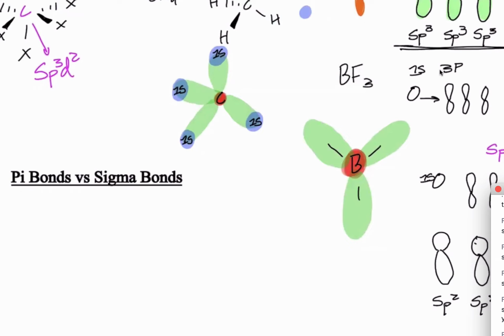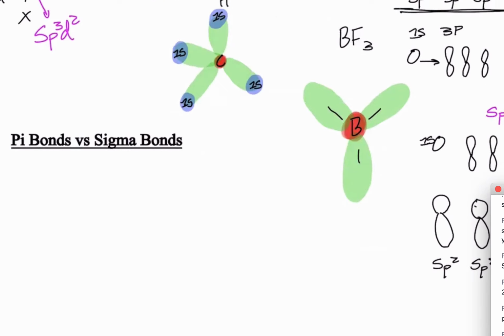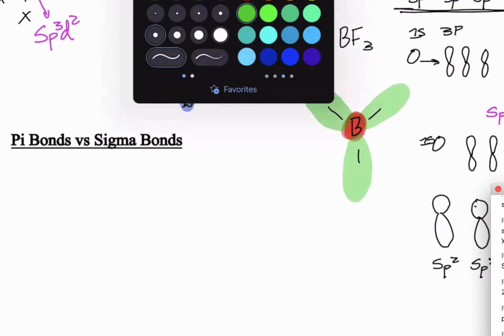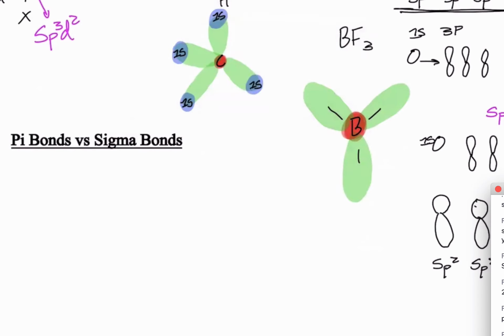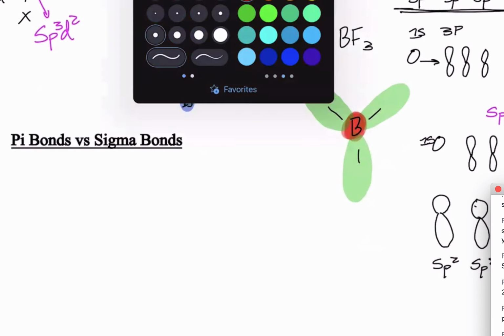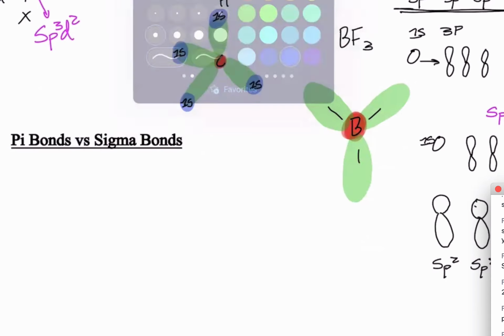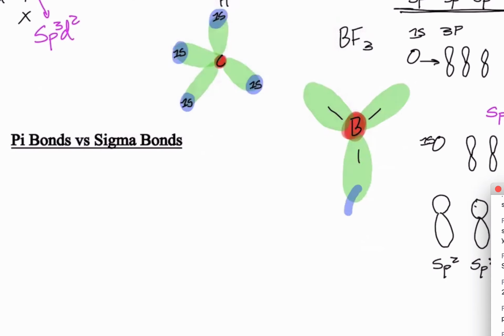Hydrogen's highest orbital is a 1s, so what's fluorine's highest orbital? Exactly, p. So this time we're going to bond head on with 2p orbitals, and those are going to be the fluorines. What that looks like is this.